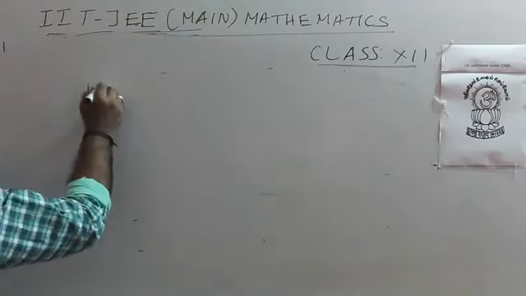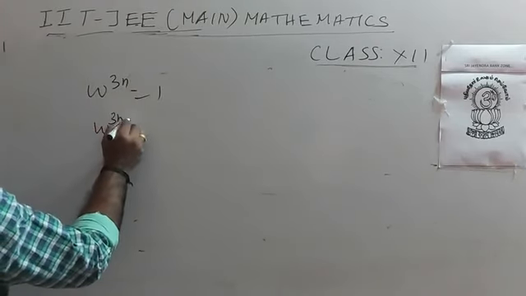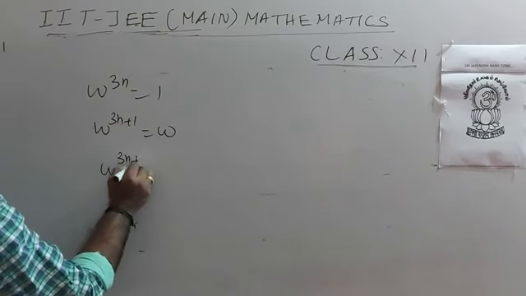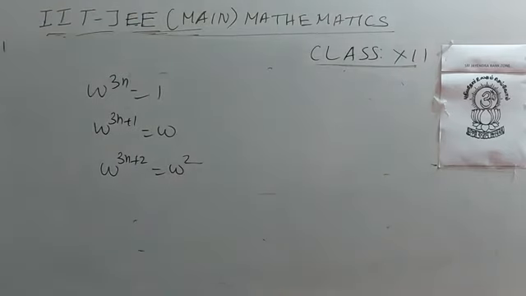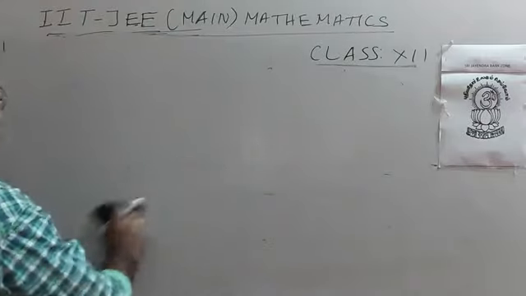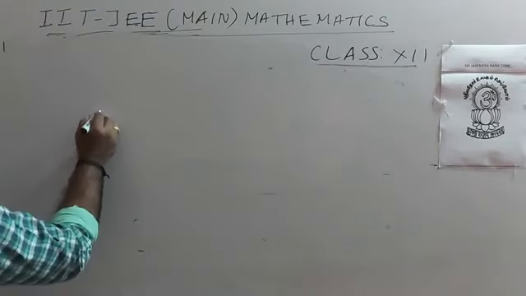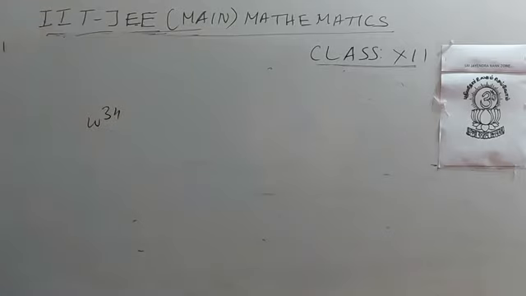In general, omega power 3n equal to 1, omega power 3n plus 1 equal to omega, omega power 3n plus 2 equal to omega squared. So if the power of omega is a multiple of 3, it is equal to 1.